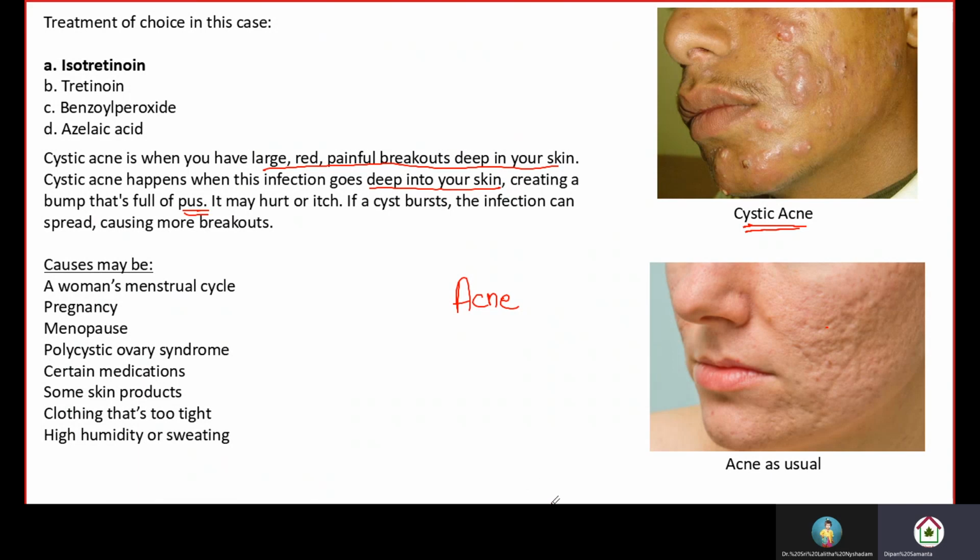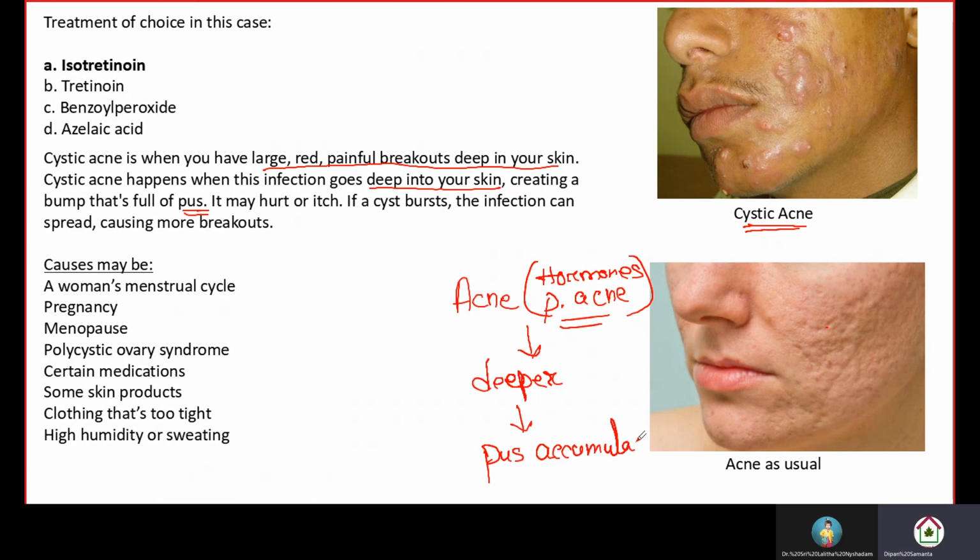All of a sudden, cystic acne will not come. Acne occurs due to hormones, and especially due to P. acnes, Propionibacterium acnes, the bacteria. If this infection goes deeper into the skin, there will be accumulation of pus, leading to this cystic appearance.